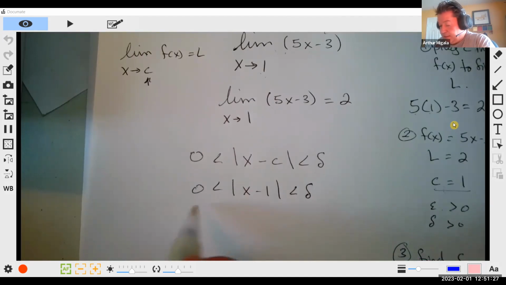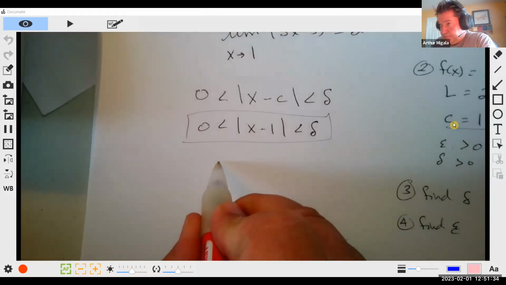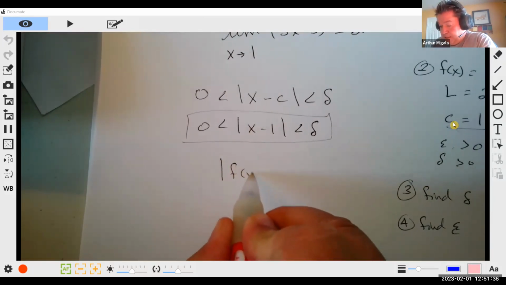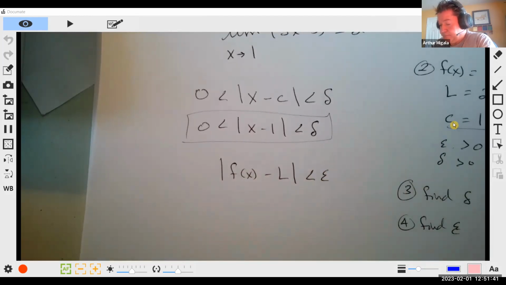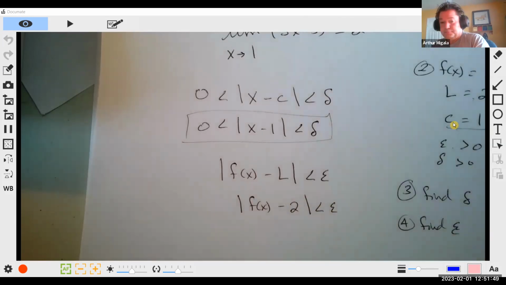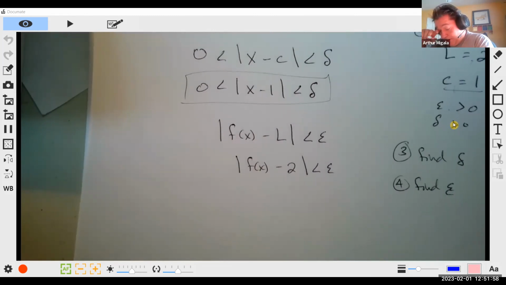That's the first equation we'll need. Then we define epsilon. Remember, epsilon was f of x minus L. Well, L we figured out was 2. So let's go from there.